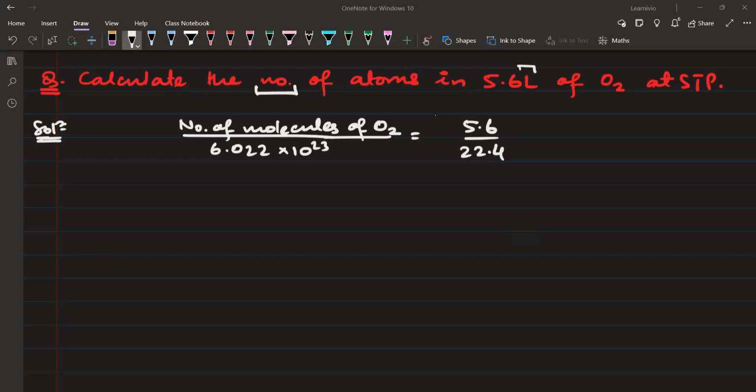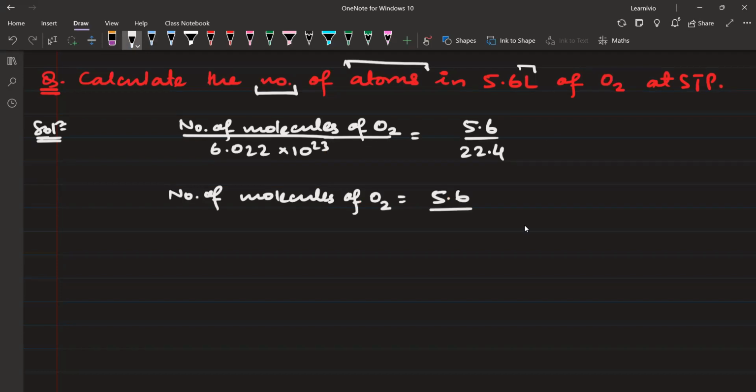Yes, sir. Okay. Now, as you can see, I have these numbers. So from these numbers, I will get the number of molecules of O2. After I get the number of molecules of O2, I will multiply by 2 to get the number of atoms, because in one molecule of O2, I have 2 oxygen atoms. So the number of molecules of O2 is equal to 5.6 divided by 22.4 multiplied by 6.022 into 10 to the power 23. We can cancel a few things.